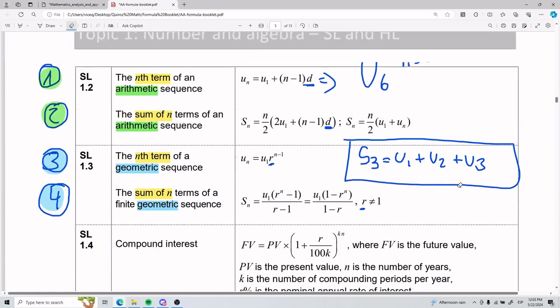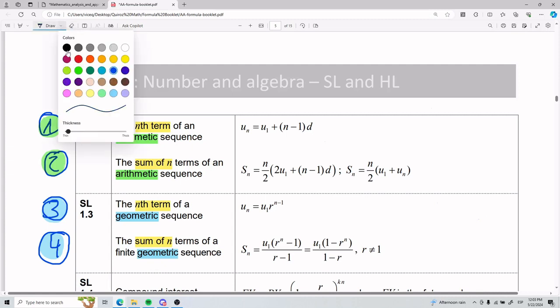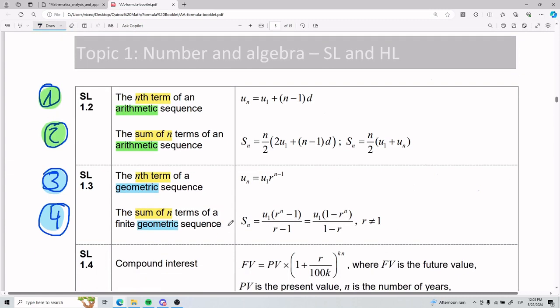The last thing I'm going to mention is that I've been saying this whole time they have 4 different formulas, but I'm sure some of you already noticed, wait a second, don't I have more than one? And I would say, yeah, you're kind of right. What do I mean by this? Down here for geometric, for the sum, you have 2 equal signs.